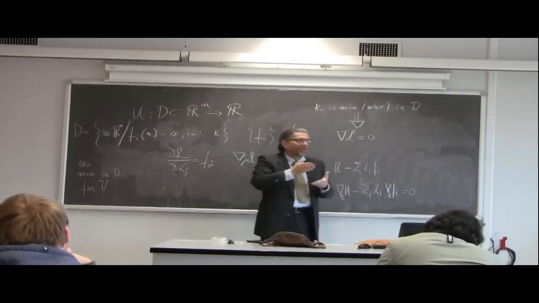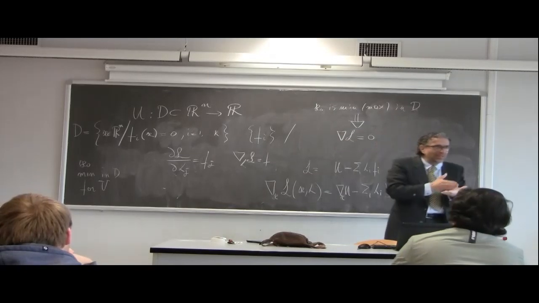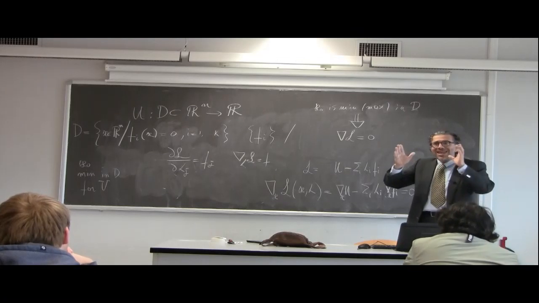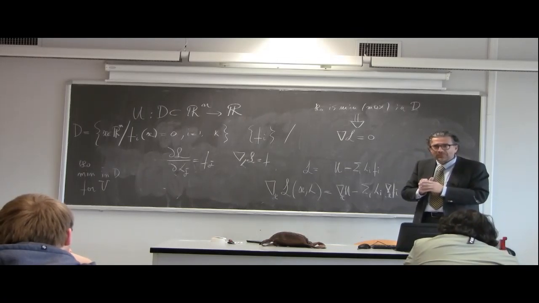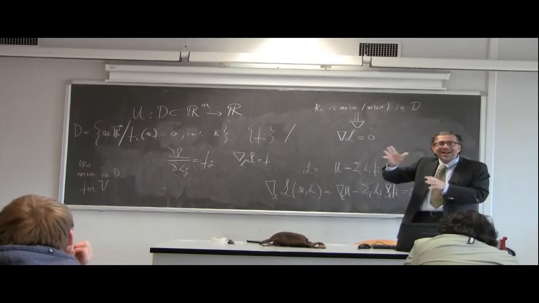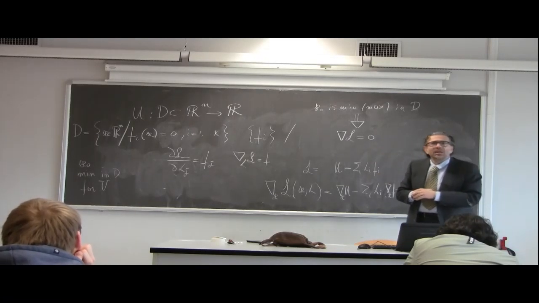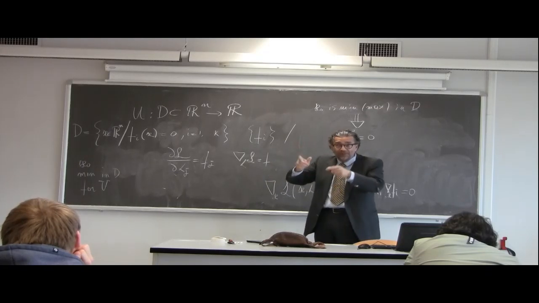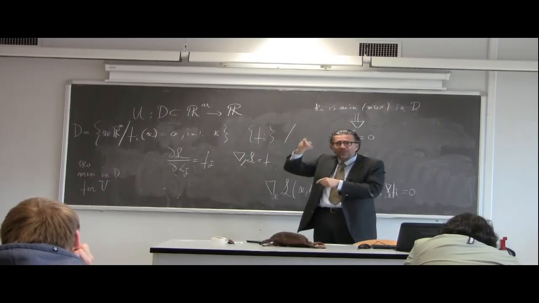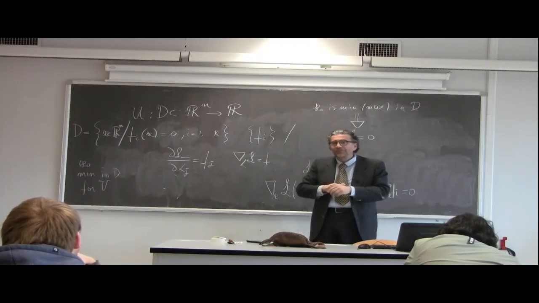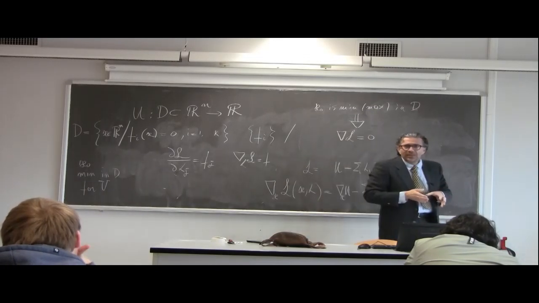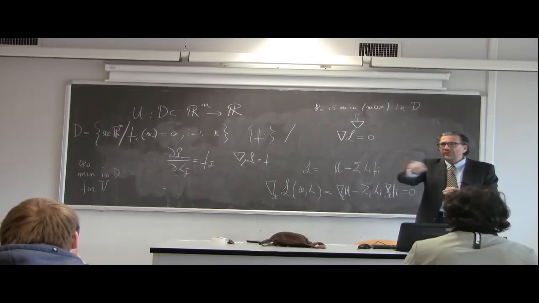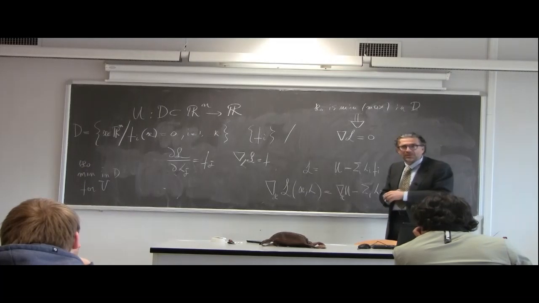Why? Because the Dini theorem, the implicit function theorem, tells you that if you have k equations in n unknowns, given n minus k of these unknowns, and you must find the columns which are linearly independent, you can write the other k as functions of the independent ones.